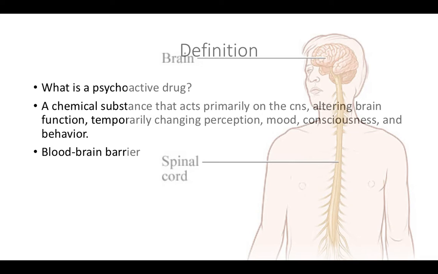We protect the central nervous system more carefully than the bloodstream. It is difficult for most substances to pass through that barrier. Some that do are those that mimic the structure of our natural neurotransmitters, and those can make it through.